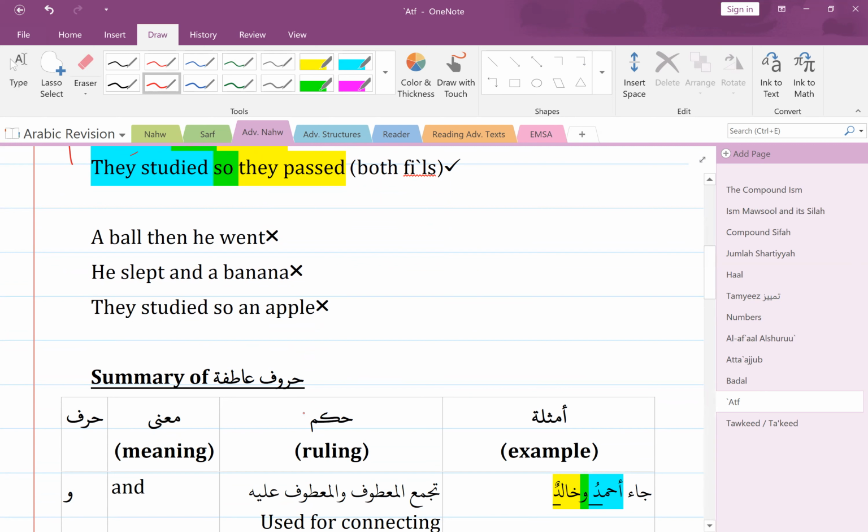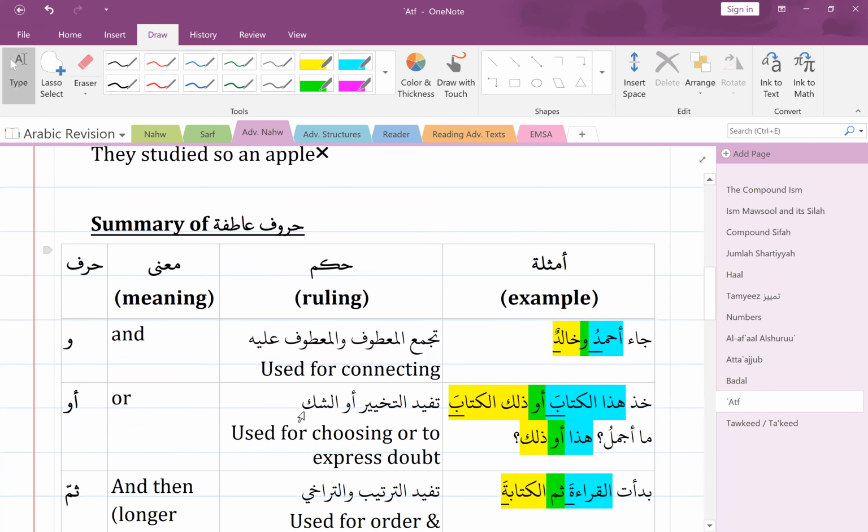What is that? Or they studied, so an apple. What? You can hear that even in English, it doesn't make sense. The same thing in Arabic, you cannot connect dissimilar words. You connect something that is similar to another, an ism to an ism, a fi'l to a fi'l.